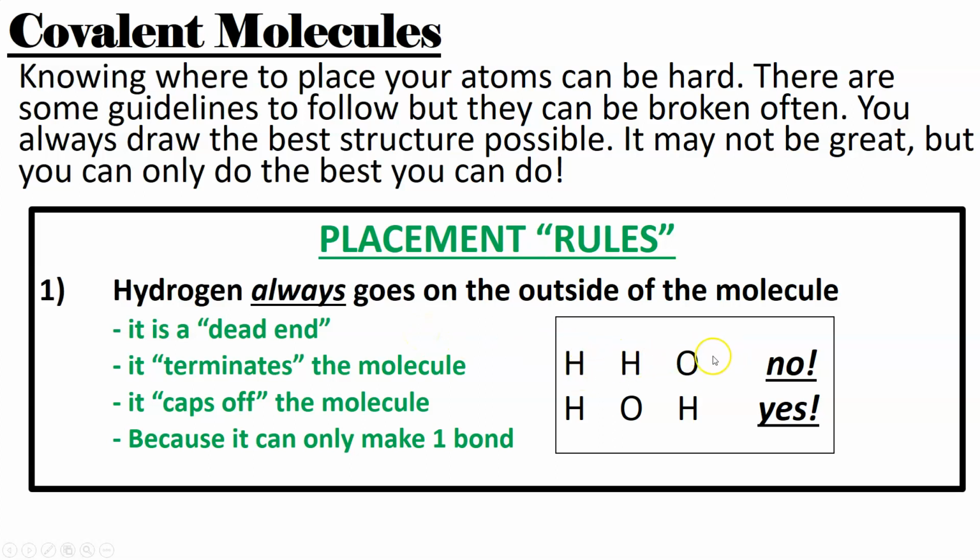So in this example, if I have H2O, I cannot put the hydrogen in the middle like this, because then if I connect these atoms, I can never connect my oxygen. Or if I connect these two, I can never connect this other one. So I have to put the hydrogens on the outside so that they only make one bond.